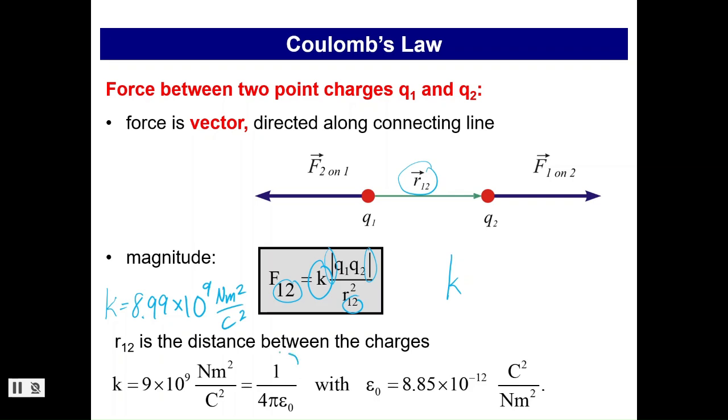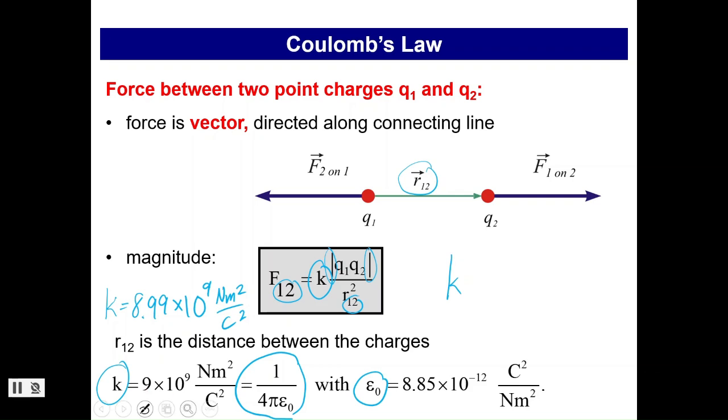You'll also see it represented as 1 over 4 pi epsilon naught. k is not actually a fundamental constant. This epsilon naught is actually the fundamental constant. It's fundamental because it's directly related to the speed of light, which is a universal constant in a vacuum. So you'll sometimes see these interchanged.